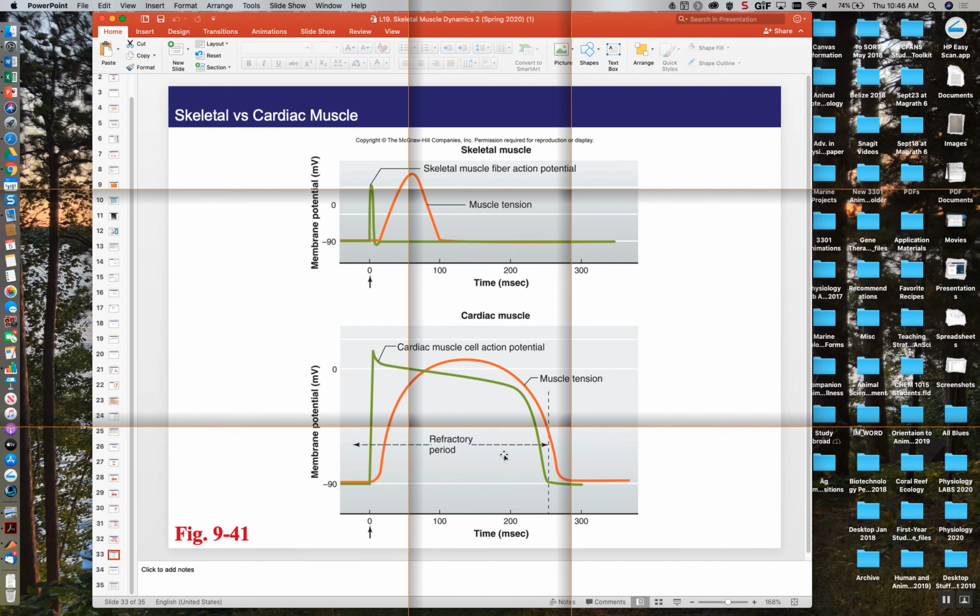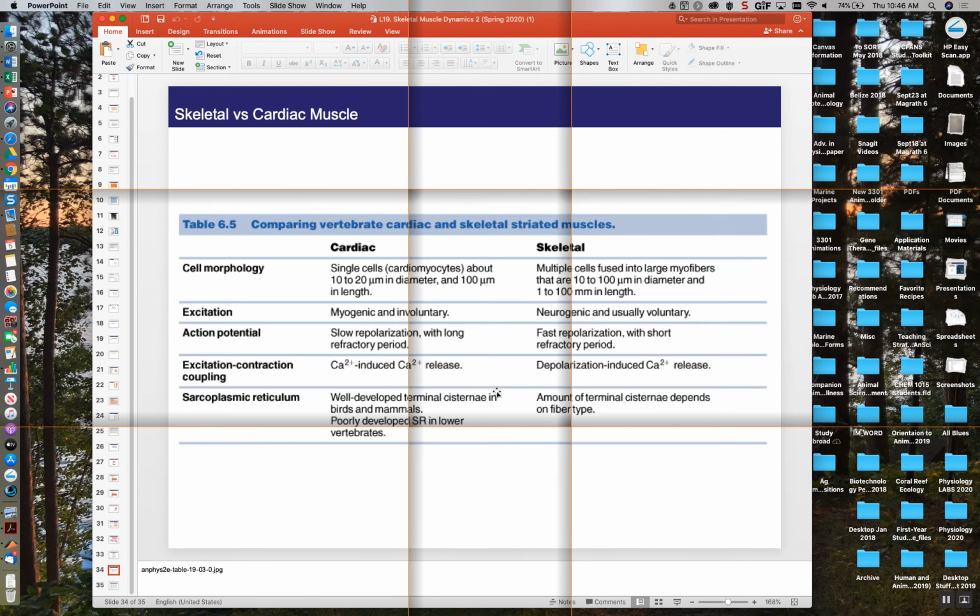It's preventing summation and tetanus. So that's a really important feature of cardiac muscle. These are actually calcium channels that open up and stay open for a while, keeping the cell depolarized for 250 milliseconds. That's called the plateau phase. Very important in the heart.